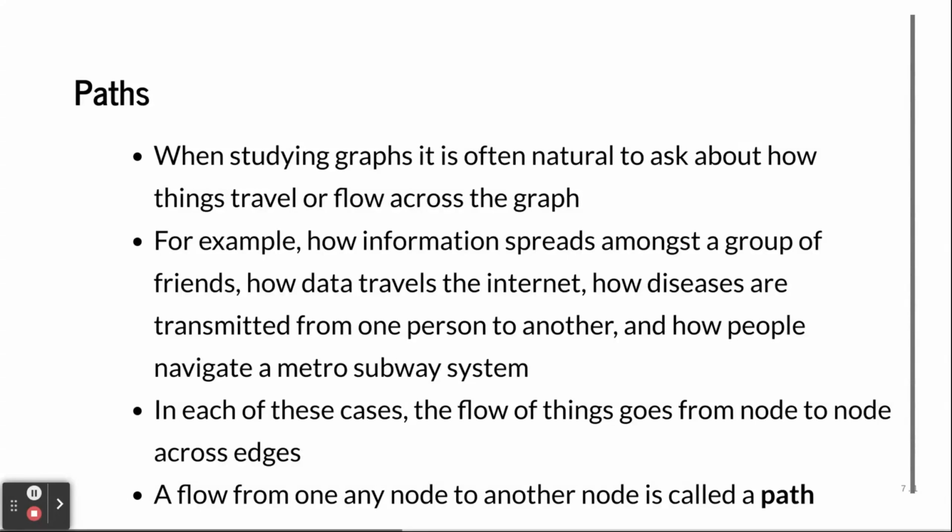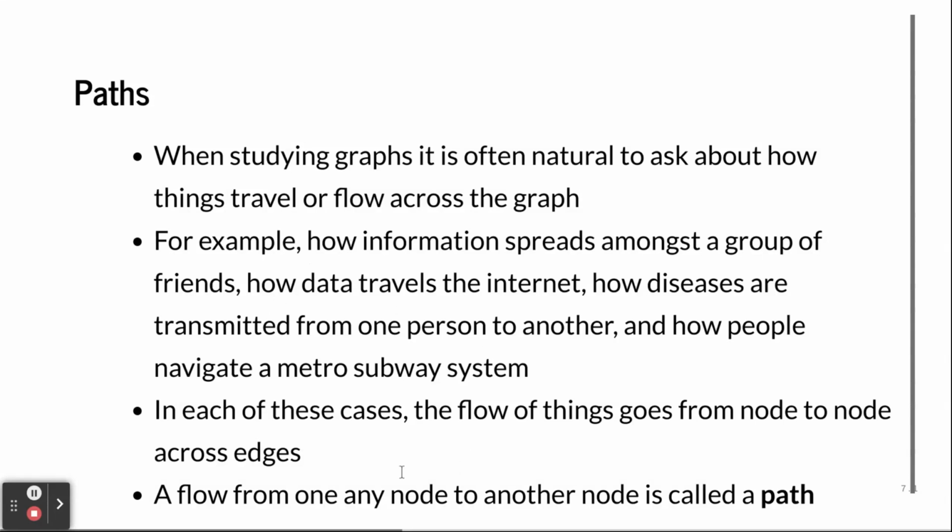For example, when we talk about things, we might mean how information spreads between a group of friends. We might be talking about how data travels along the internet. Maybe we're studying how diseases can be transmitted from one person to another, or even how people navigate a subway system to reach a particular destination.